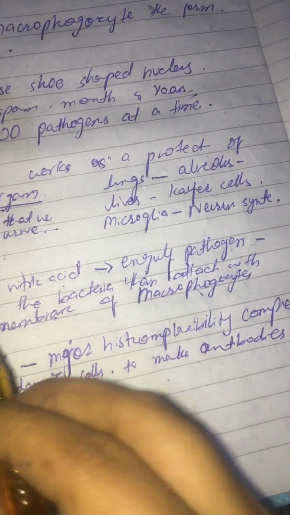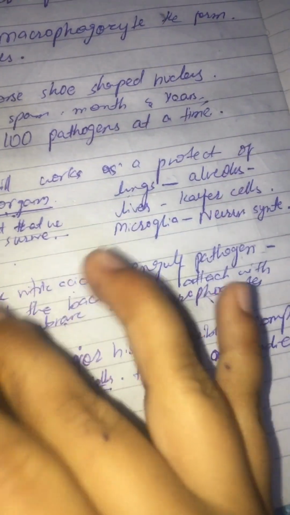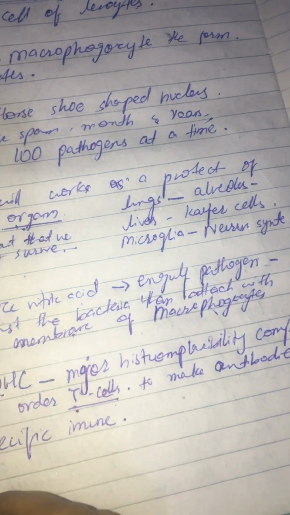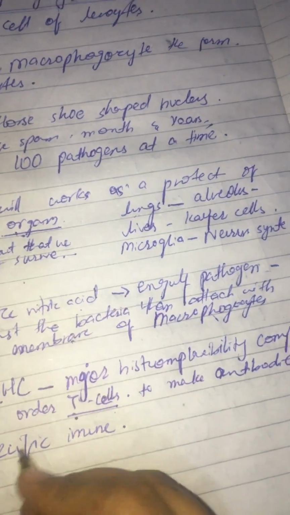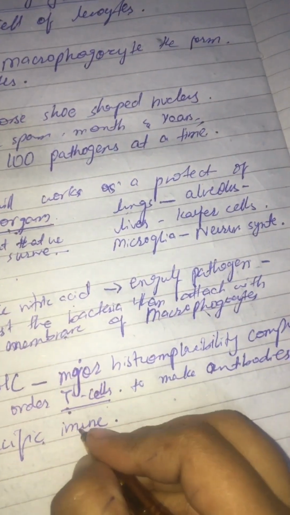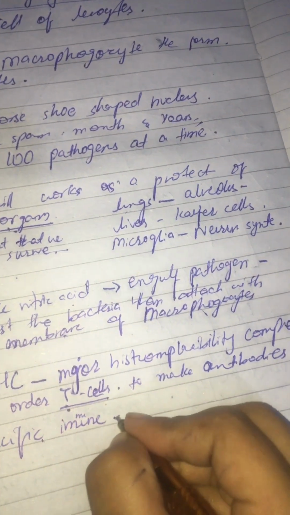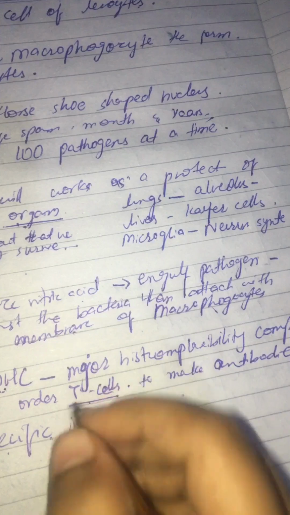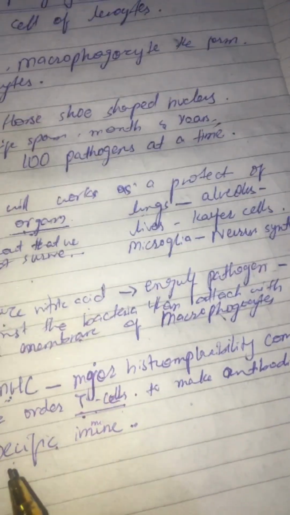We noticed that in both the first and second lines of defense it was non-specific, but here it will be specific, because MHC will send a message to T cells, ordering them to make antibodies against that.